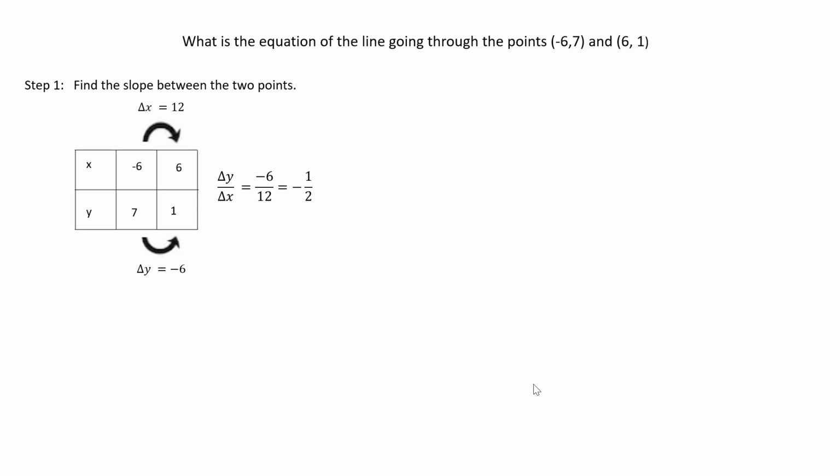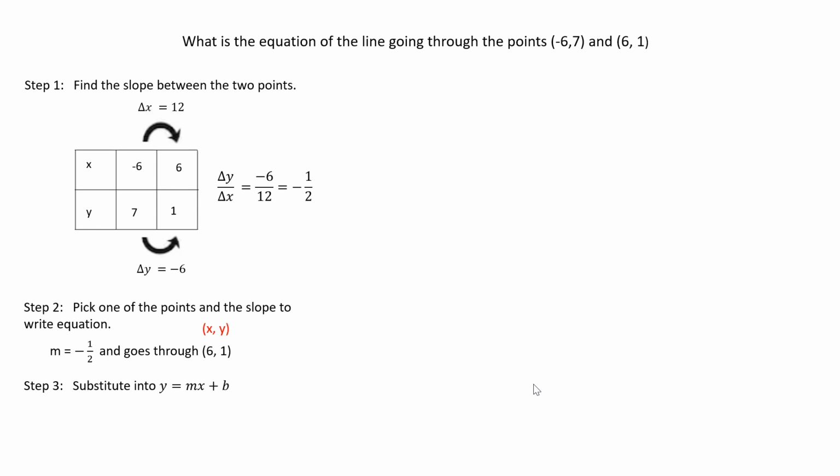Now I've got a slope. Now I have to pick a point and the slope. I pick the point (6, 1). Then I'm going to substitute that information into my slope-intercept form, y equals mx plus b. My y is 1, my slope is negative 1/2, and my x value is 6.